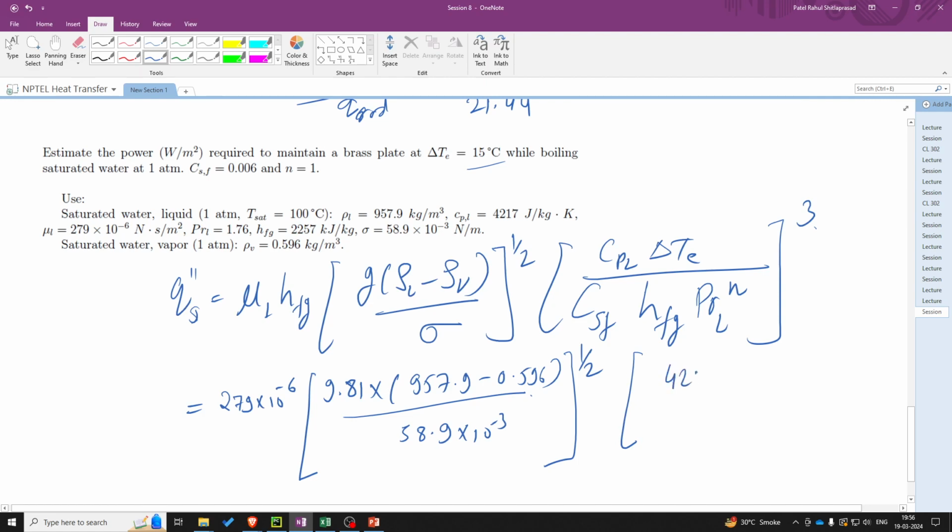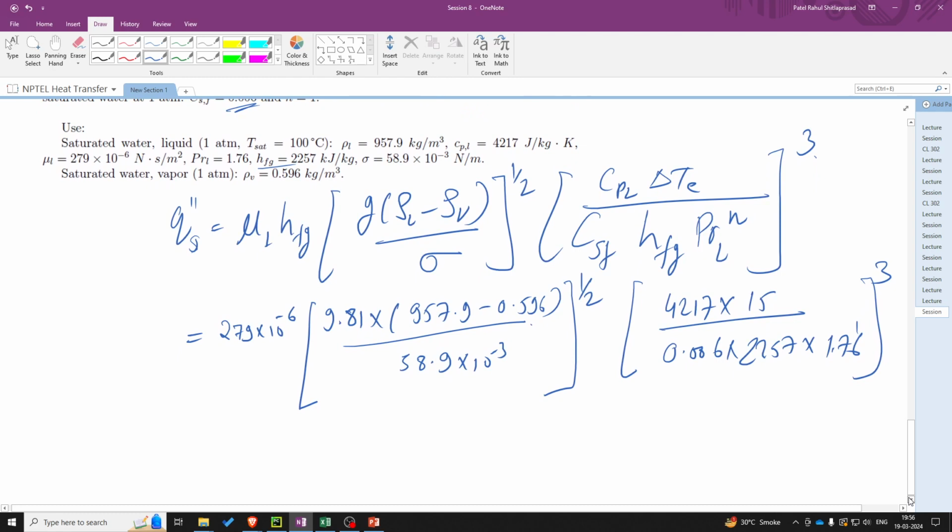Cp of liquid is 4217, delta Te is 15, upon CSF, this constant of 0.006. hfg we were given somewhere, this is 2257. The Prandtl number is 1.76. The value of n is 1, raised to cube.